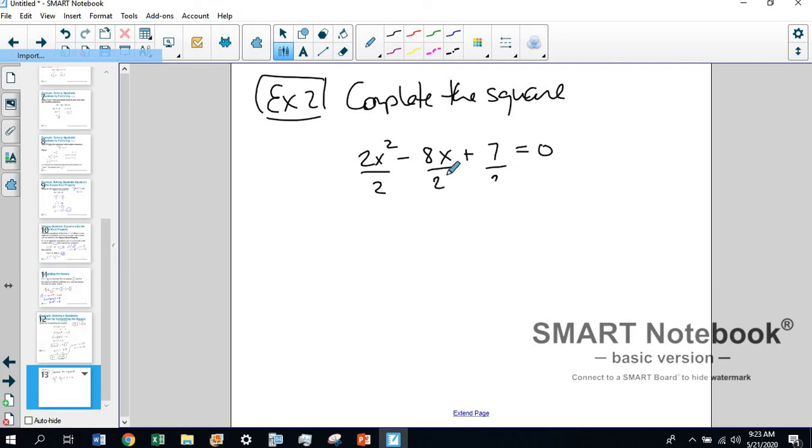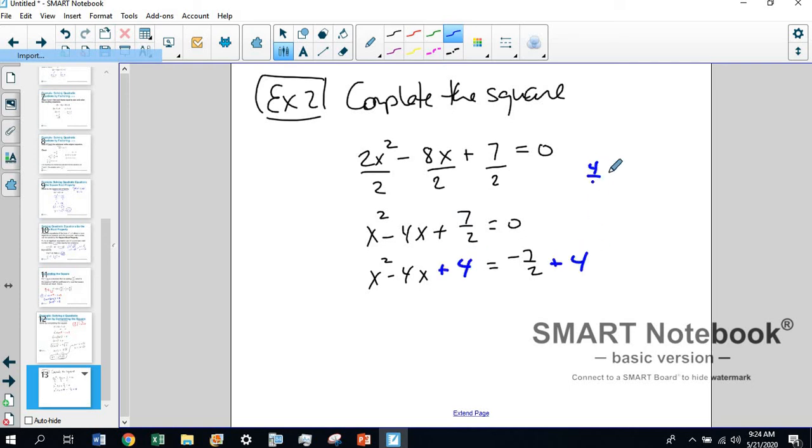We divide by that a term out front and get x squared minus 4x plus 7 halves. Then we subtract 7 halves from both sides. Then we add, well, it's a 4 again: take 4 over 2, square it, and get 2 squared, which is 4.